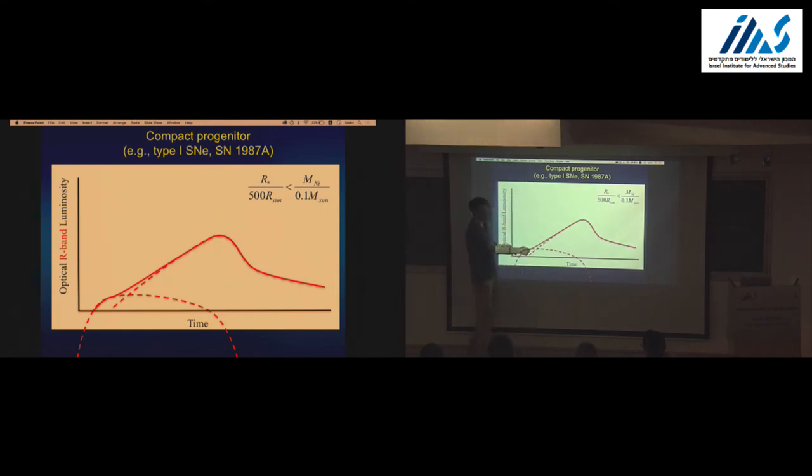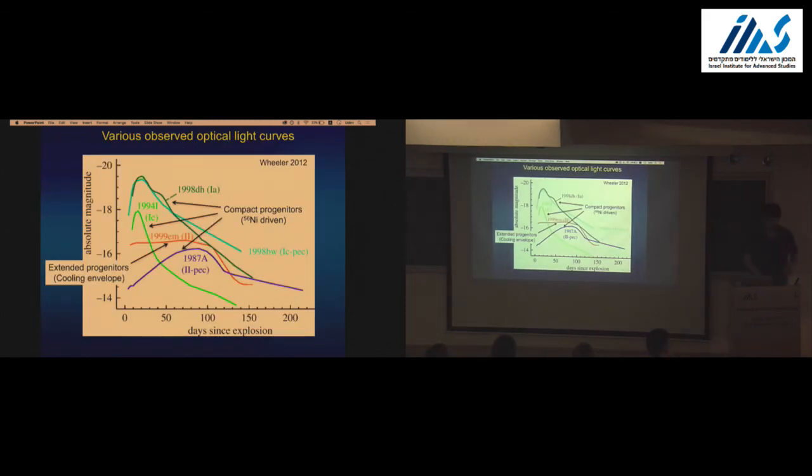The cooling phase we can always see at early time, especially if we can look at the UV. But very quickly, it becomes fainter than the nickel, and we get an 87A-like. Okay, and this is what is giving us, just play with the radius and the amount of nickel, and you get, not everything, but to a large extent, the variety of things that you see here.